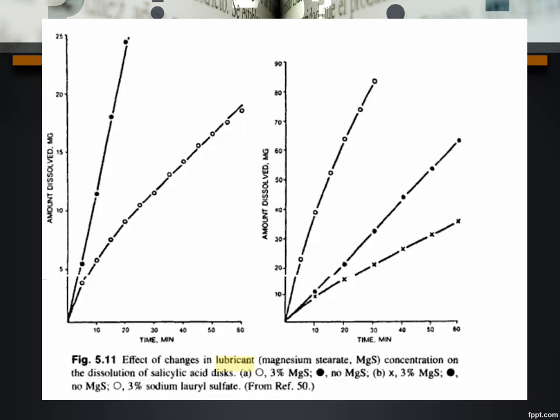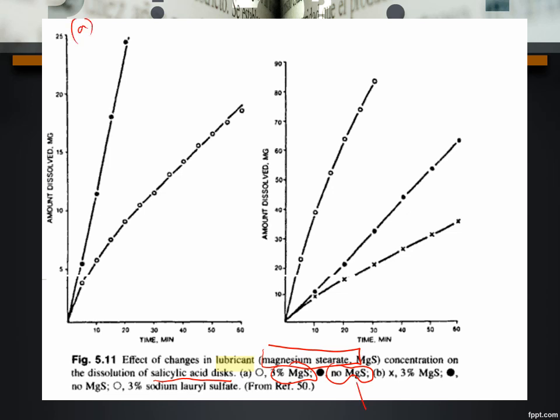This is the graph for the effects of lubricant, the dissolution curve of magnesium stearate. So the dissolution of salicylic acid, when you have 3% of magnesium stearate or you have no magnesium stearate, in graph A, I think it's this one.